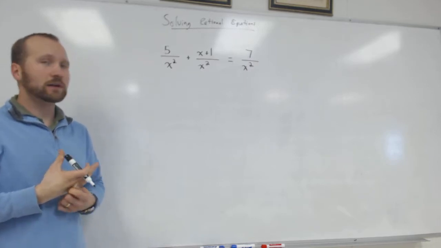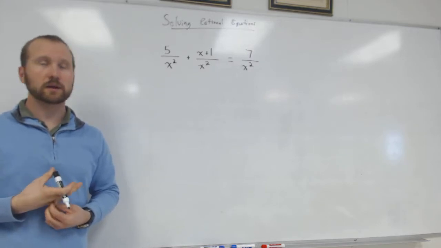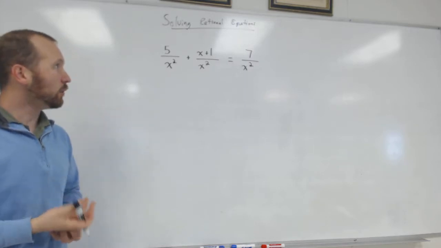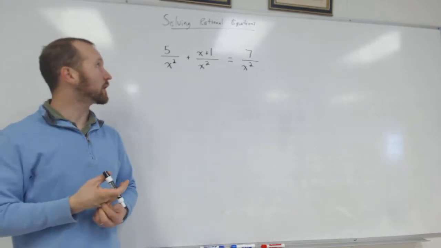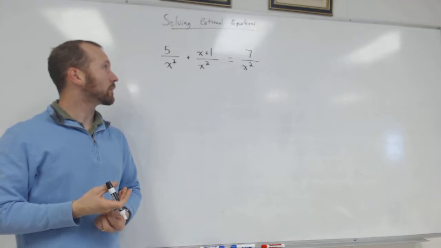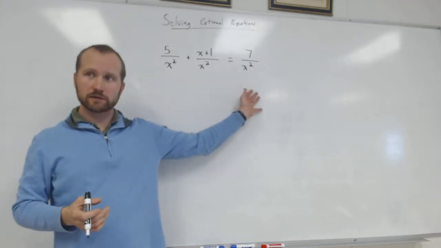And these actually are easier than what we've been doing. Wait, are we solving for x? Yeah, so we're going to solve for x. But the whole point of rational equations is that we're going to clear our denominators.